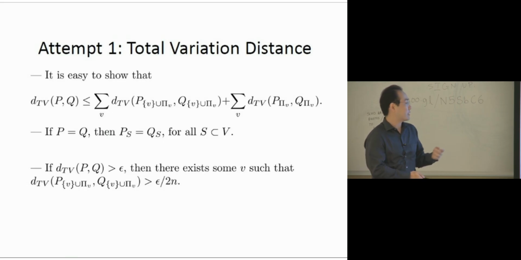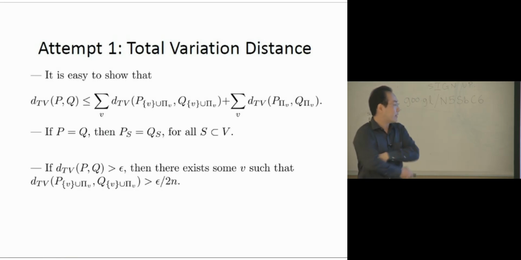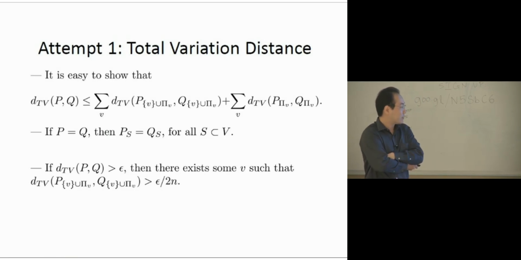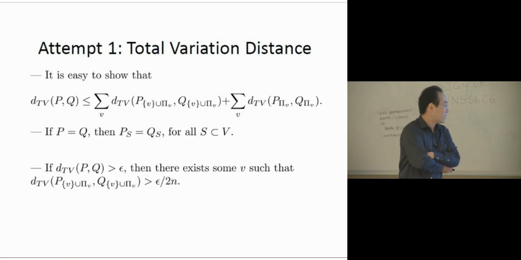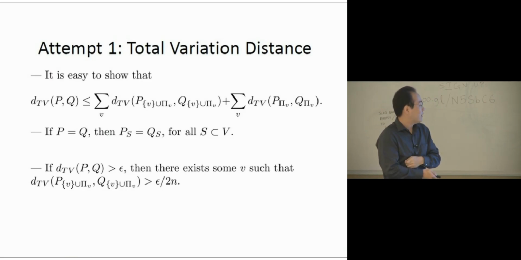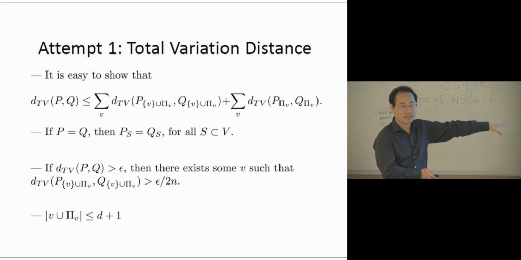So the problem reduces. Also, because we assume that the in-degree is at most D, the neighborhood size is at most D plus 1. So now the problem reduces to testing P and Q on those small subsets.